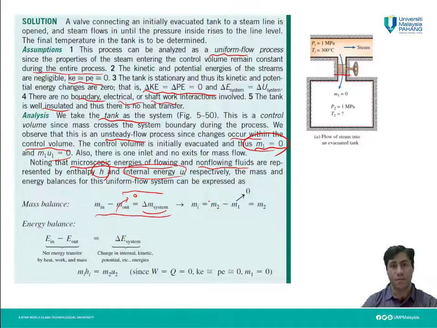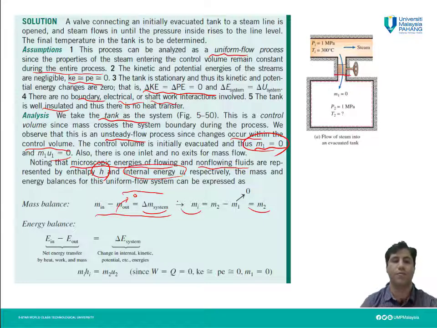In other words, the final mass of the steam inside our control volume will be equal to the mass which is transferred from this steam line, or surroundings, to our control volume.